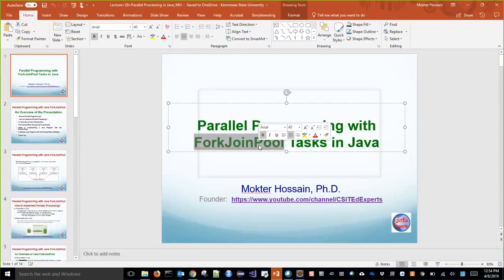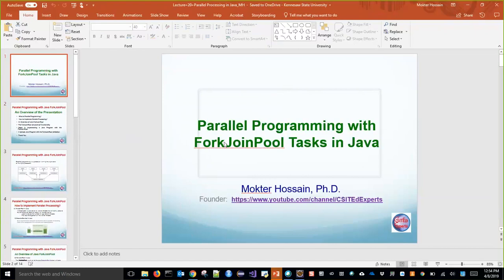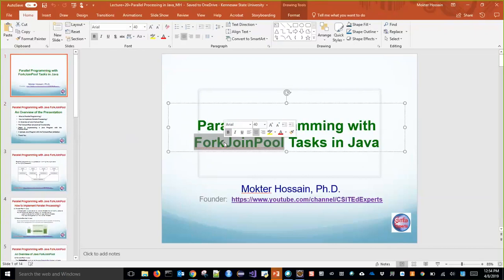This is a tool or technique or software for implementing parallel processing, but this is not the only one. Fork join pool was implemented in Java maybe 2-3 years ago.